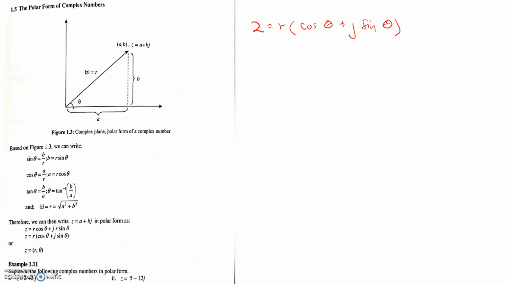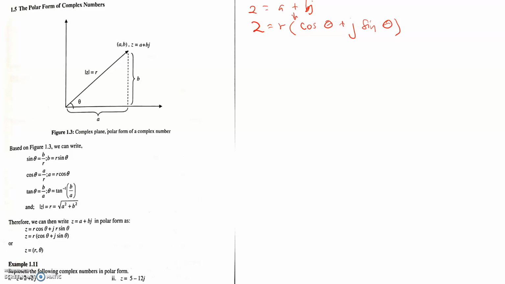Basically, we are going to change from Z equals A plus Bj into this form. The reason is that later it will be useful when we use some other theorem to look for the power of a complex number. We're going to talk more about that later.